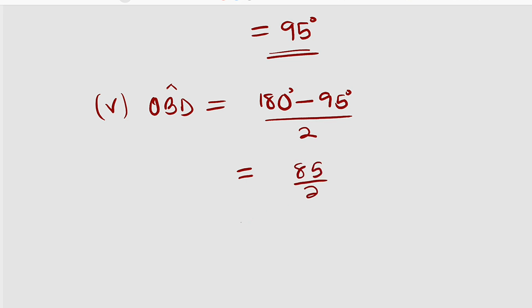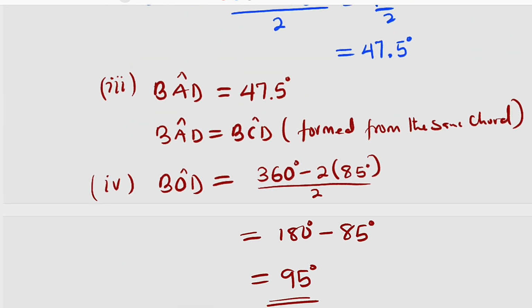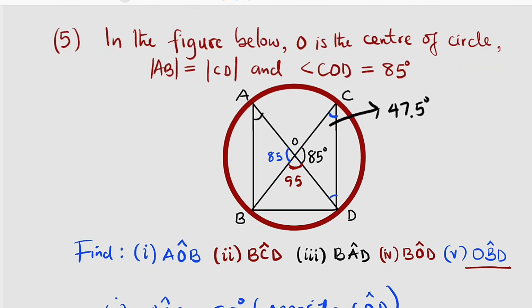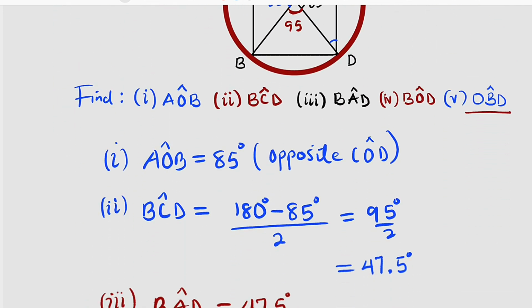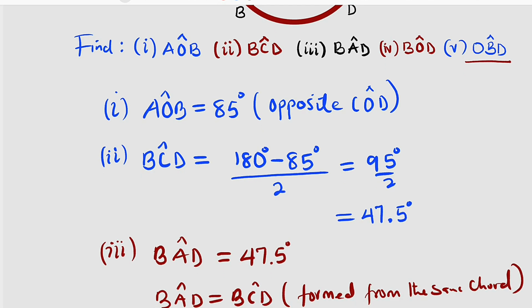We divide by 2, and 85 divided by 2 will give us 42.5. So we have 42.5 degrees. So this is the angle OBD. And this is all about question number 5. Now we're going to move on to section B, which starts from question number 6.